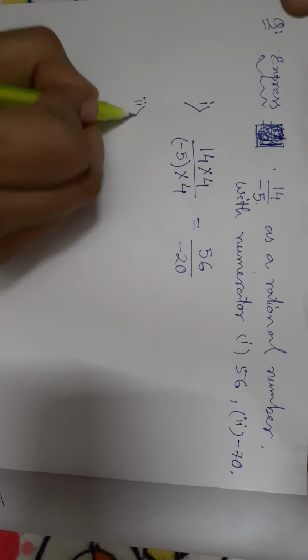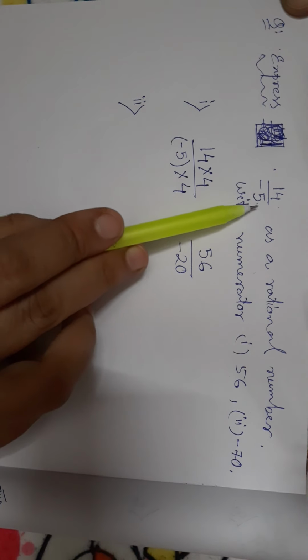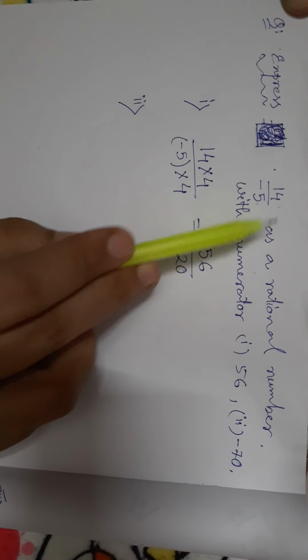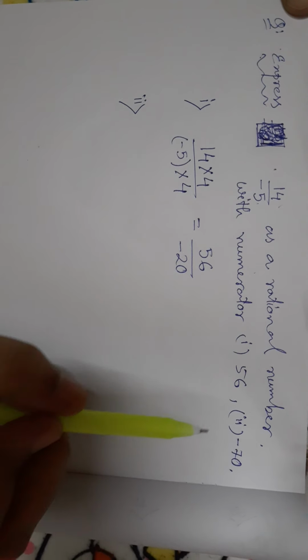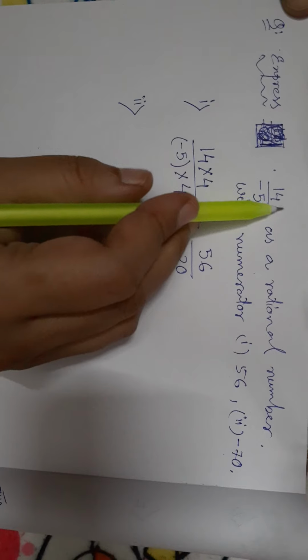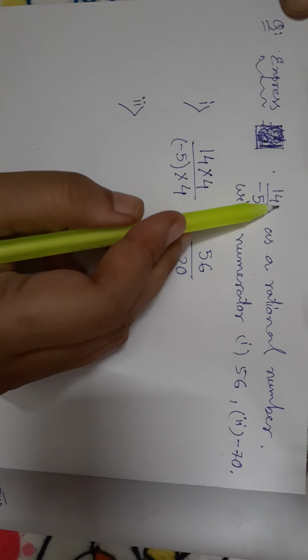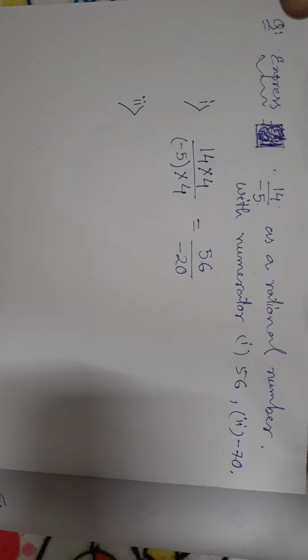Similarly, in number 2, you have to write this rational number with numerator minus 70. If you want to make this numerator minus 70, you have to multiply the numerator by minus 5.